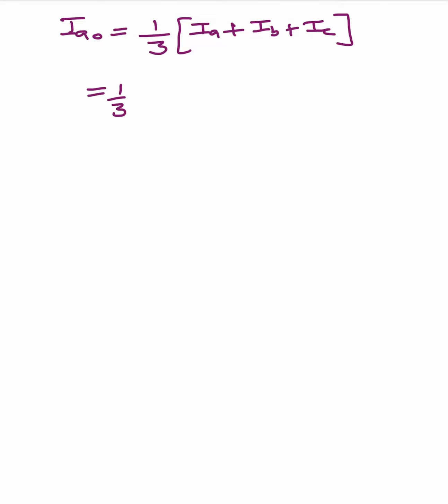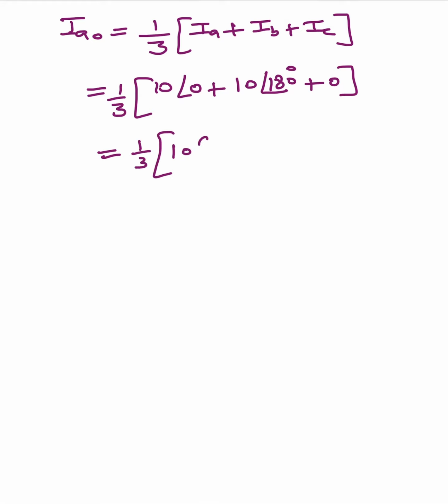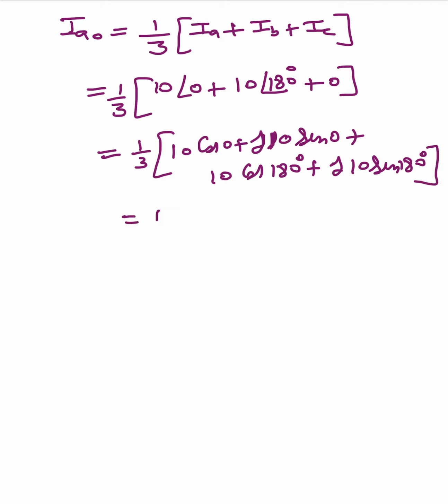So 1 upon 3, IA is given as 10 angle 0, plus IB is given as 10 angle 180 degree, because the base reference is 10 ampere and the shift is 180 degree, plus IC, which is 0. So we have 1 upon 3 of (10 cos 0 plus j10 sin 0 plus 10 cos 180 plus j10 sin 180 degree).